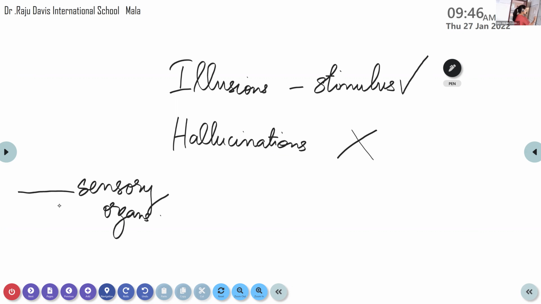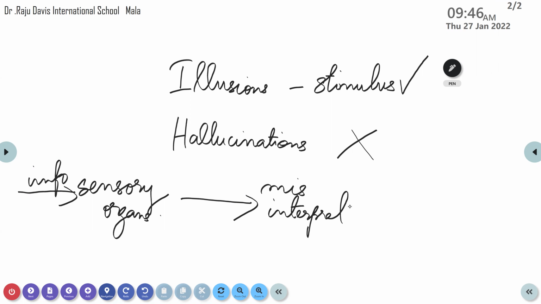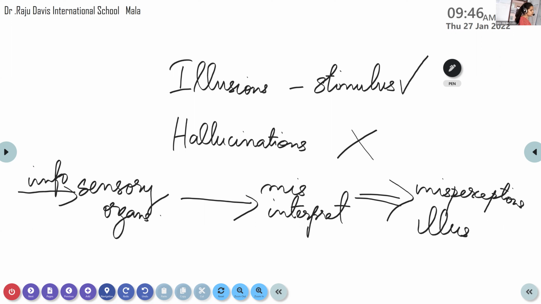So, our sensory organs receive some form of information. And what do we do? We misinterpret this. And this would finally lead to what? Misperceptions. This misperception is known as illusion.